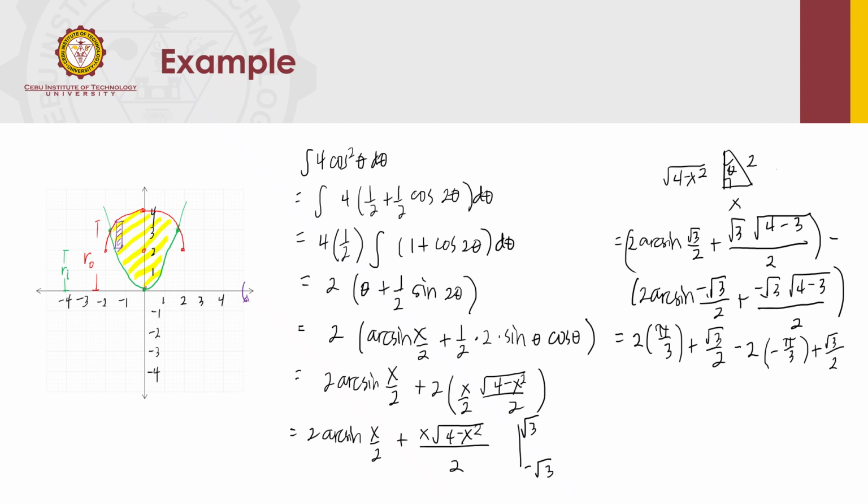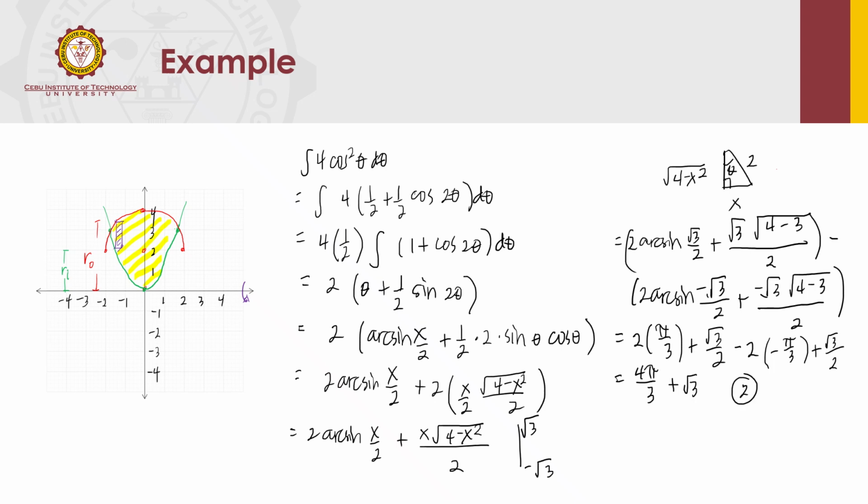So that's 2 pi over 3 plus another 2 pi over 3, so that's 4 pi over 3. And then this is square root of 3. This is just for the trigonometric part. So this will be our second expression.